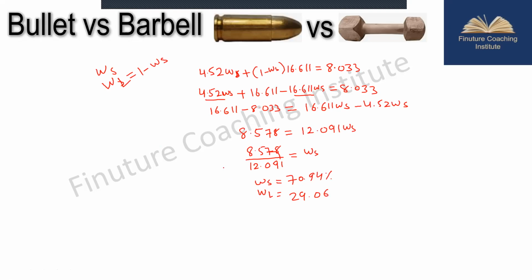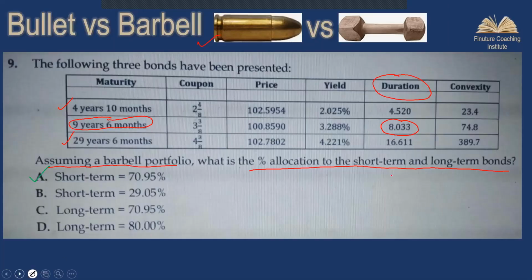So total is 100. Now you have got your weights. You can multiply these weights and find the corresponding convexity of this portfolio. You can multiply 70% of this and approximately 30% of this. You will get way higher convexity than this term.